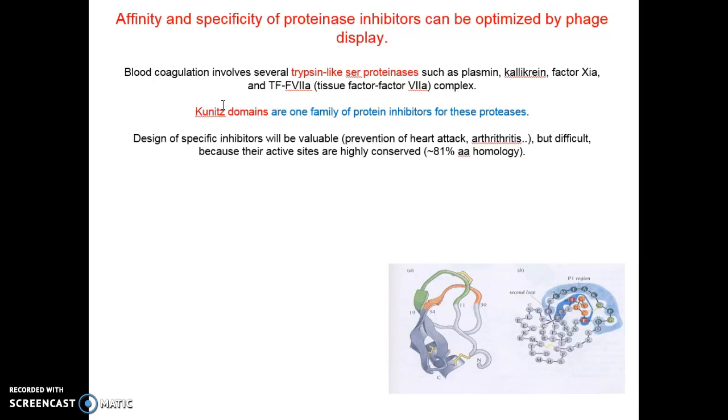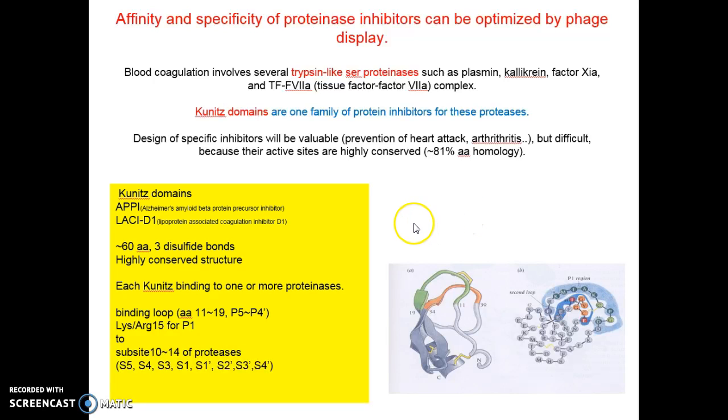Kunitz domains make up one family of protein inhibitors of trypsin-like proteinases. For Kunitz domains, you can see APPI and LACI-D1 as examples, having about 60 residues, 3 disulfide bonds for stabilization, and highly conserved structure.